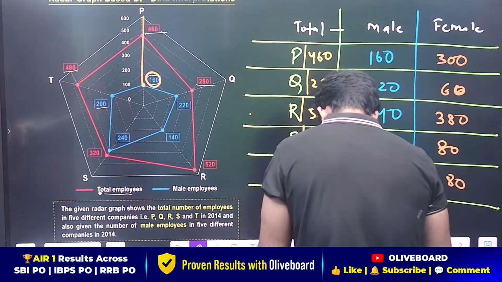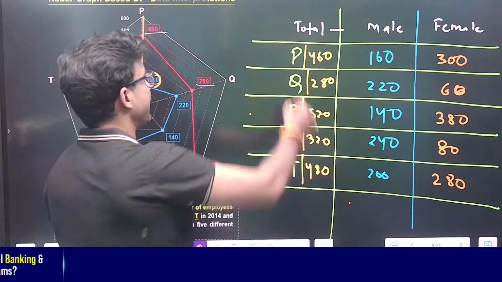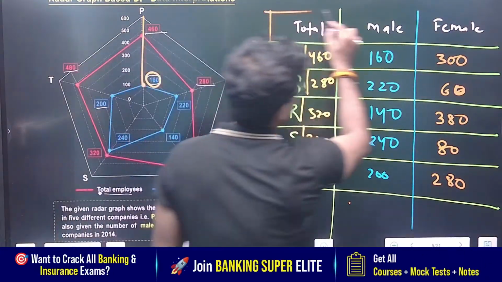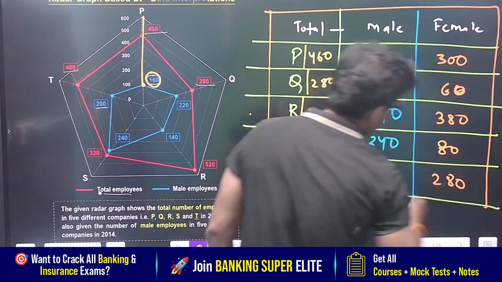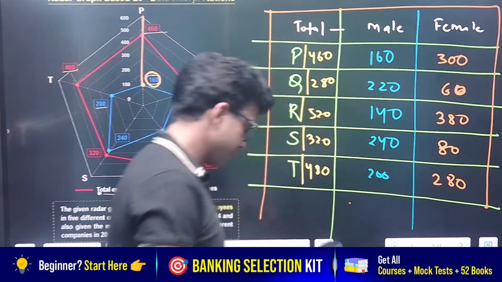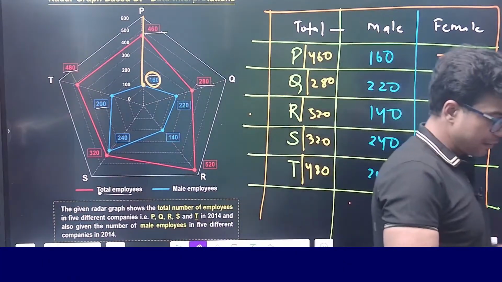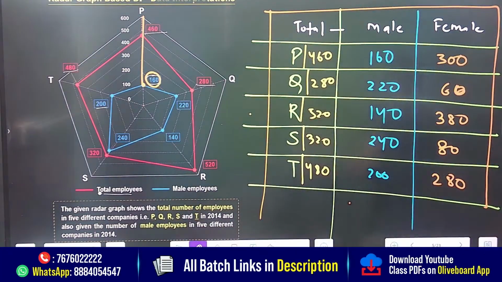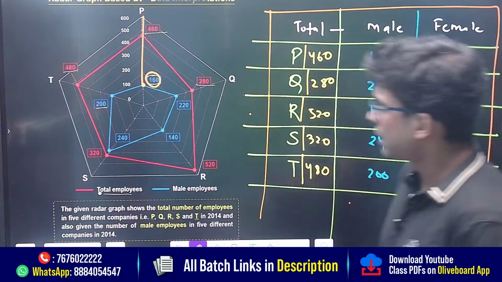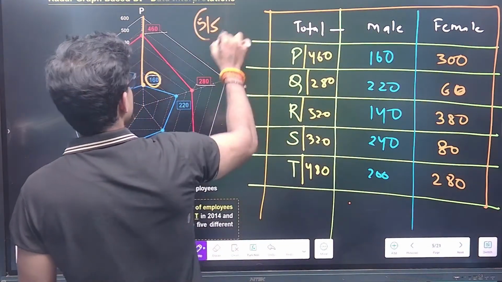Clear? So basically, as of now, if you make this table, everyone, please take the screenshot. I would request all of you to please take the screenshot. If you have done all these things, I can give you a bet, then you can solve 5 out of 5 questions from here.